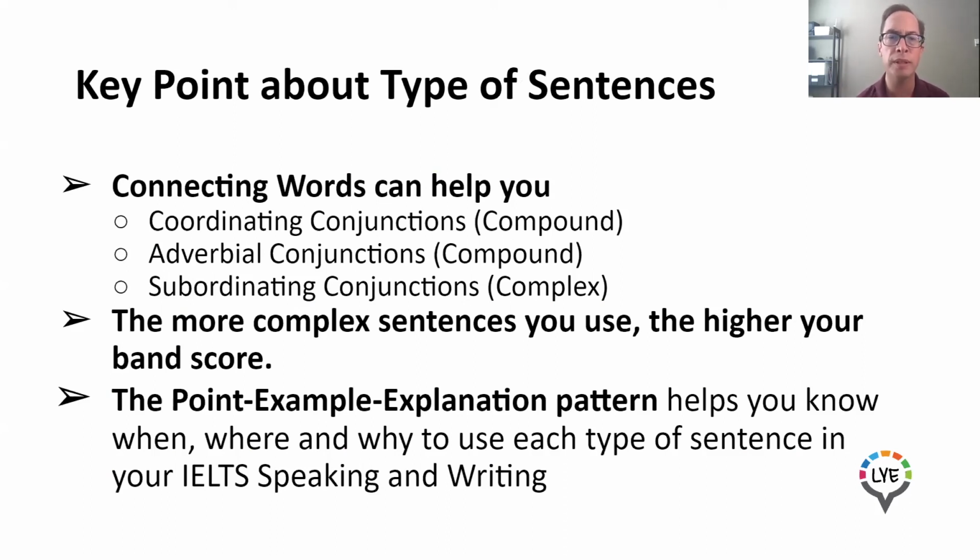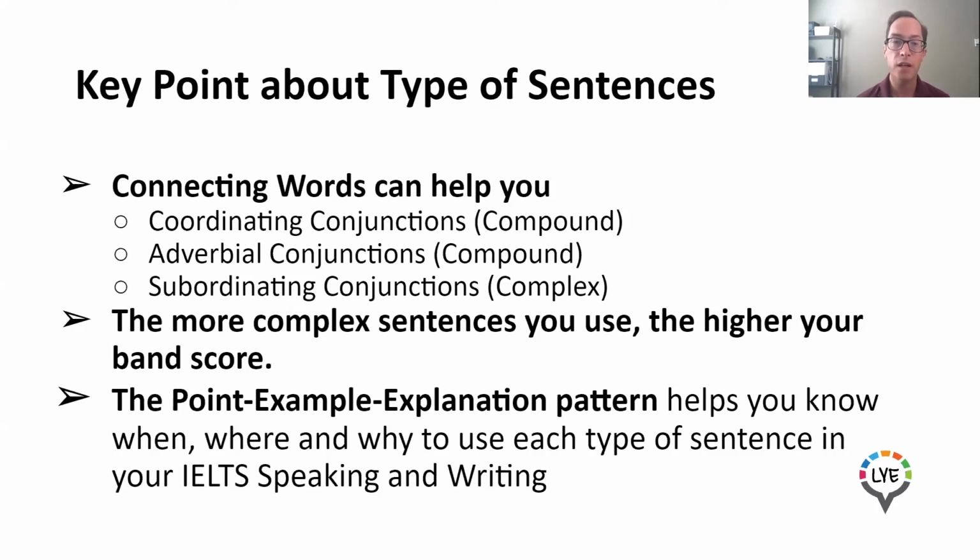But more importantly for IELTS, the more complex sentences you use, so the more sentences with because, when, although, and all those conjunctions, then the higher your IELTS score will be, in particular, your grammar score.